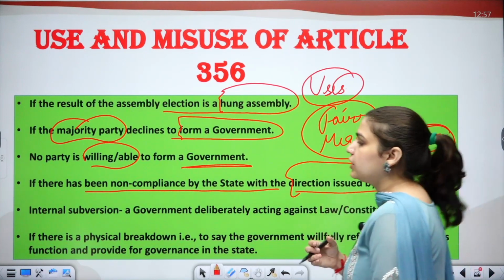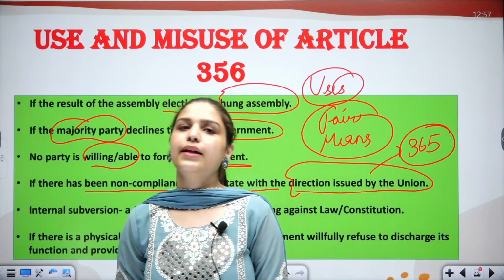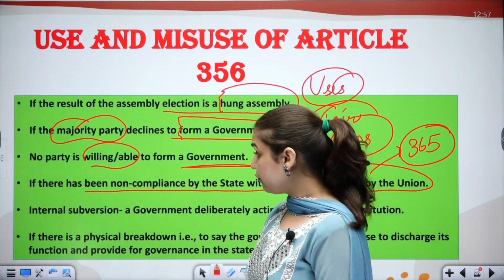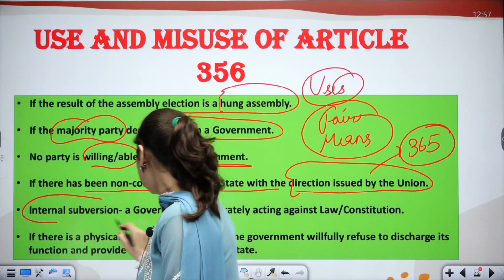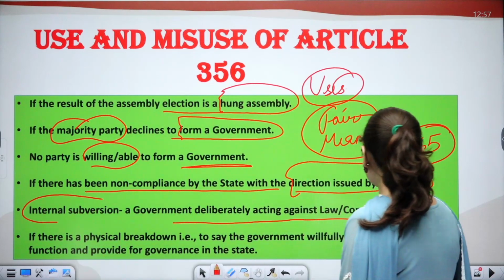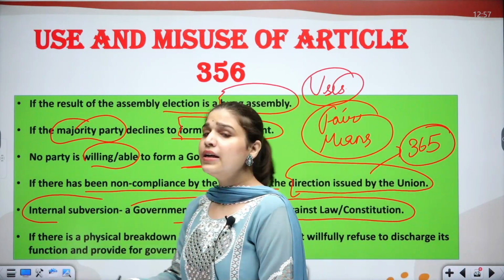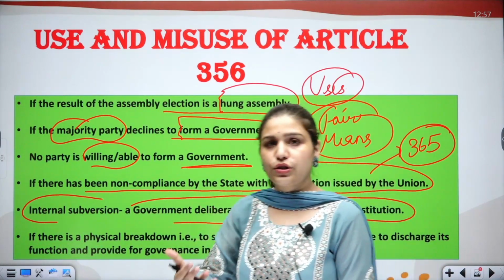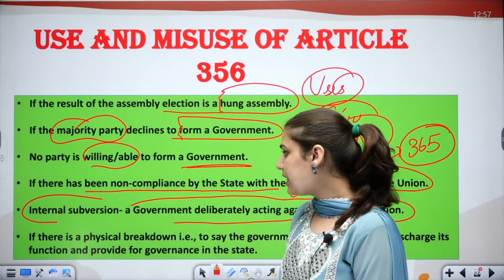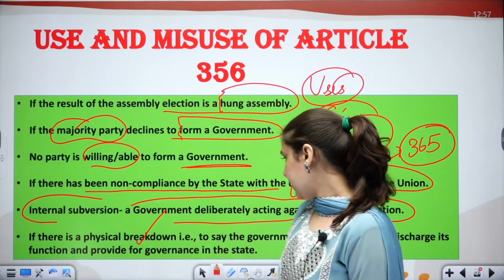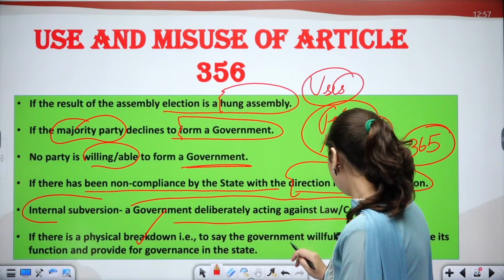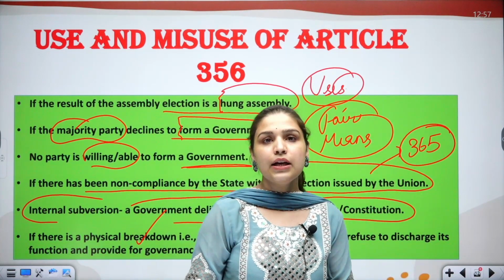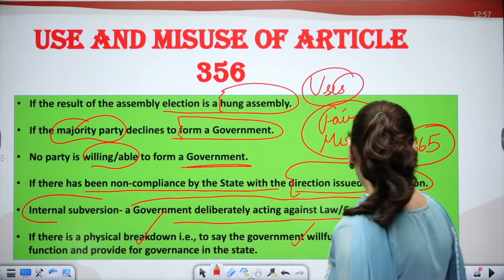If any directive is given by the center and the state doesn't comply with it, then president rule can be imposed. Now, internal subversion is a government deliberately acting against the law. So if a state government deliberately acts against a law or in violation of the constitution, then president rule can be imposed. And if there is a breakdown of the machinery, to say the government willfully refuses to discharge its duty, then president rule can be imposed.